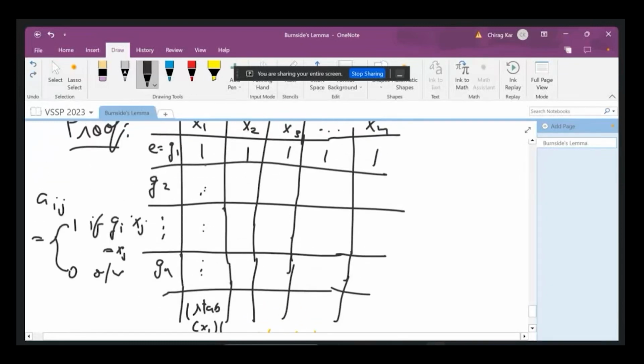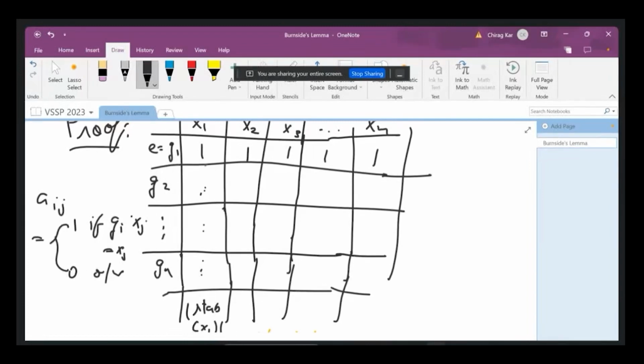What about the row sum? So now we have that g1 dot x1 is equal to 1 only if g1 dot x1 is equal to x1 itself. Similarly, for the g1 x2 column, this cell is equal to 1 if and only if g1 dot x2 is equal to x2. So in essence, if g1 fixes x2, then we have a 1 over here, otherwise it's a 0.